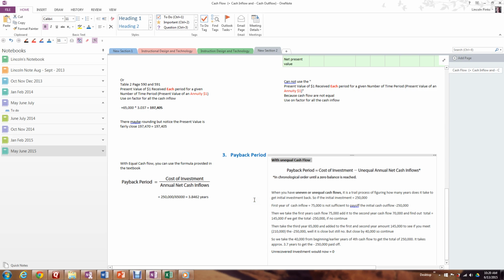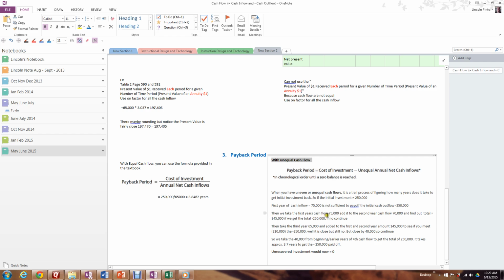Well, here we have unequal cash flows, okay? So what you want to do is go year by year. Look at the first year: the cash inflow was $75,000. It is not sufficient to cover the $250,000 initial cash outflow. So then we go to the next year.